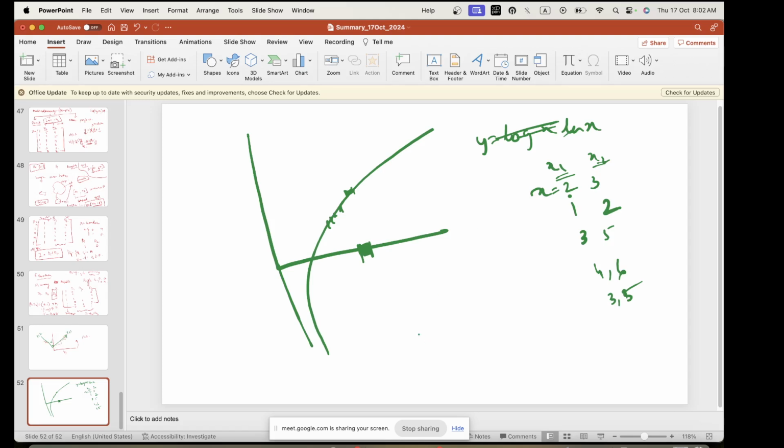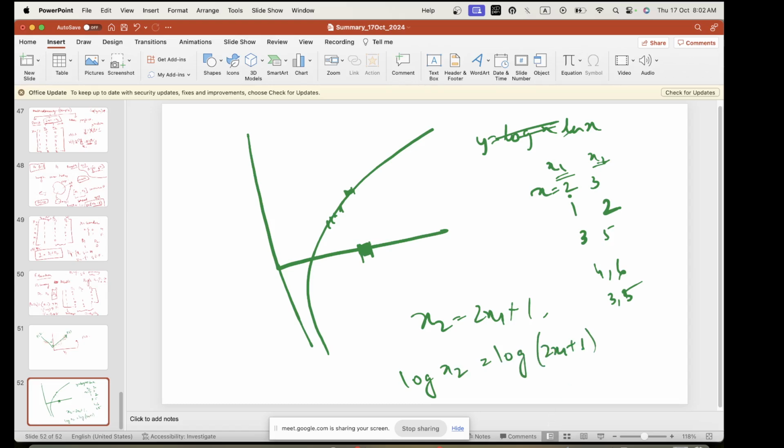For example, if we have perfect collinearity, let's say x2 equal to 2x1 plus 1. If we take logarithm, it would be log x2 equal to log of 2x1 plus 1.